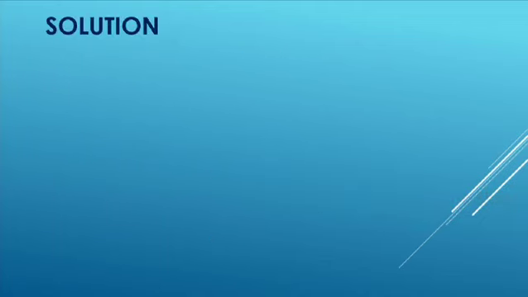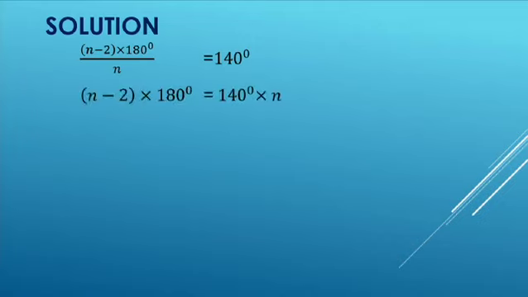And we simplify it. We shall get n minus 2 times 180 degrees divided by n, which is equal to 140 degrees. So, we simplify. N minus 2 times 180 degrees equal to 140 degrees times n, right? You remove the brackets. 180 degrees times n minus 360 degrees equal to 140 degrees times n.